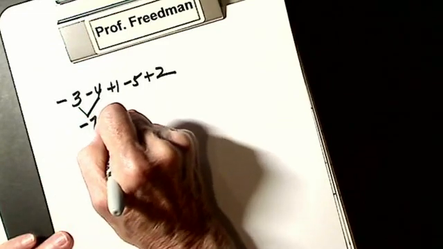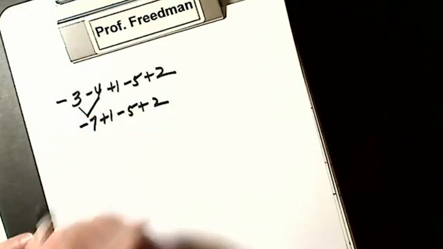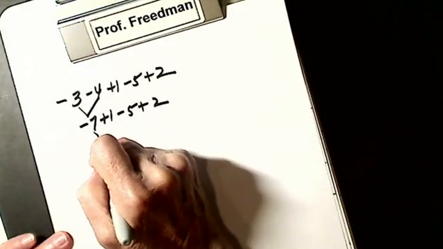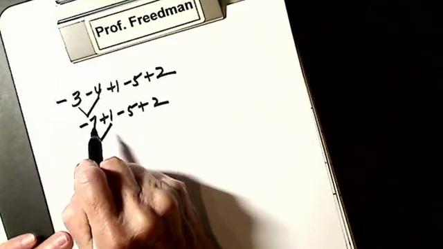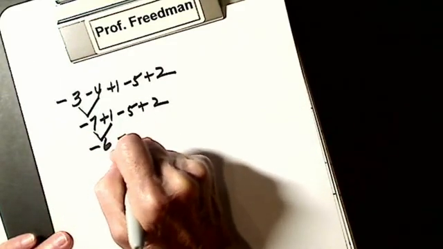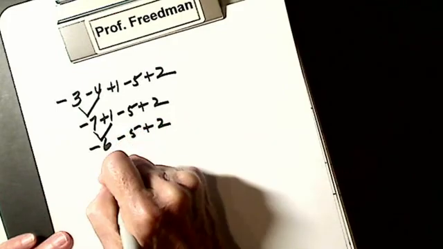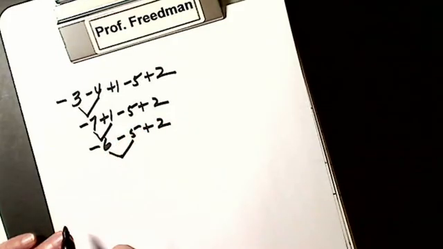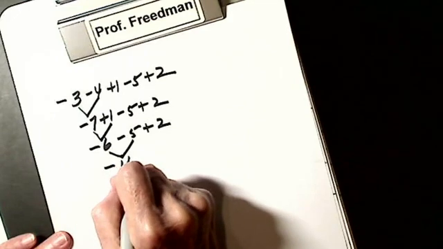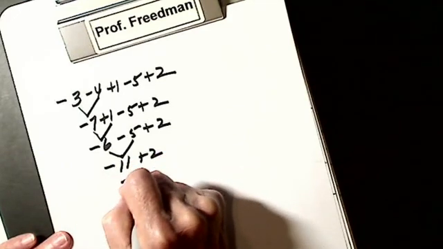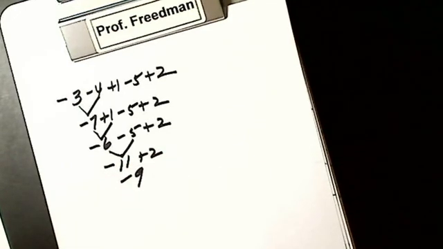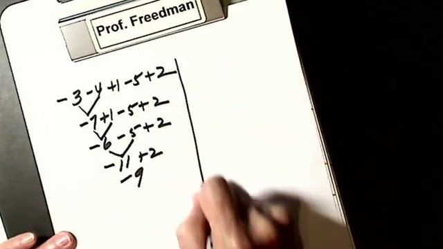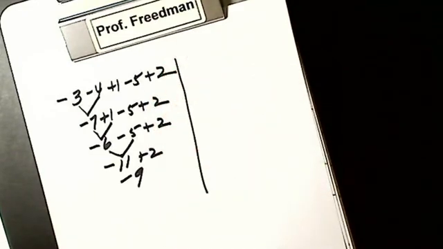I'm going to copy everything else over. I could combine these two. Subtract, take the sign of the larger. I could combine these two. Signs are alike. And I get -9.